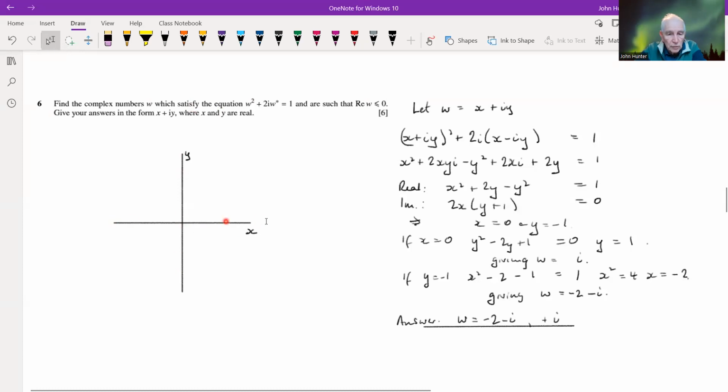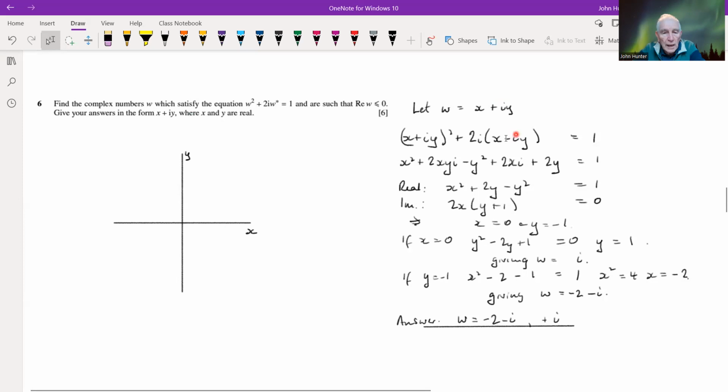So this is the real number line, y being the imaginary. So if the real part is less than 0, that means we're looking for solutions over on this side of the y-axis.